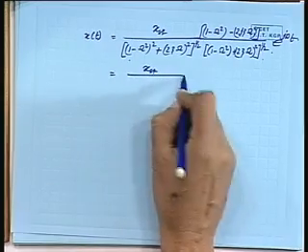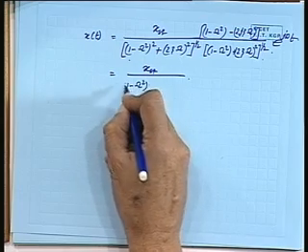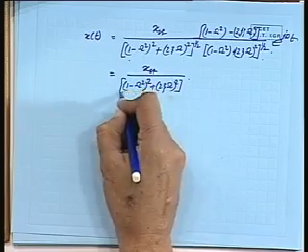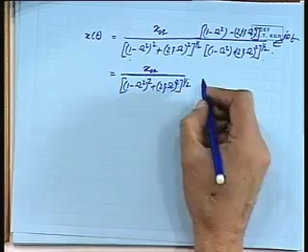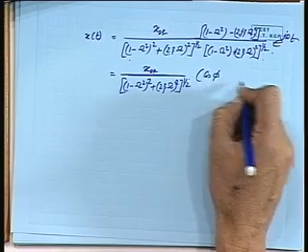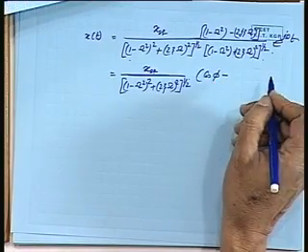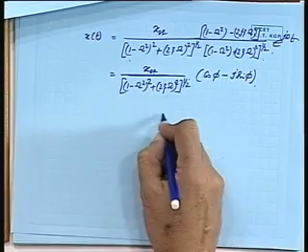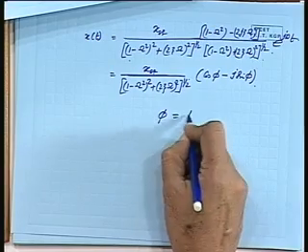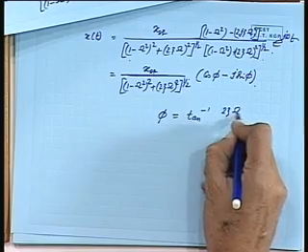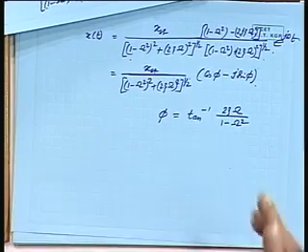Okay. So, I write this as square root, and this part I will write as cos phi minus j sin phi, where phi is given as phi is equal to tan inverse of 2 zeta omega by 1 minus omega square.